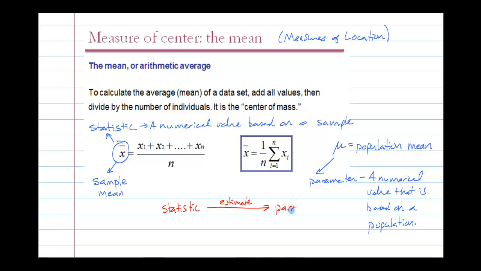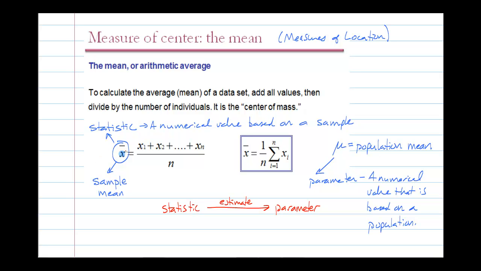Now, there's a lot of different statistics and there's a lot of different parameters. What we're starting with is x bar, which is the sample mean. So again, this is an important idea. Statistics estimate parameters. We can't take an entire census of a population, so we take a sample, and based on what we find in that sample, we use that to estimate the population over here.